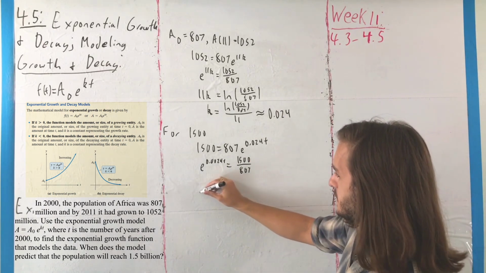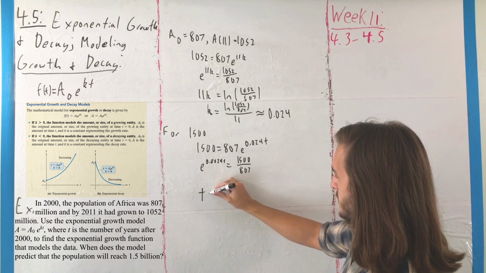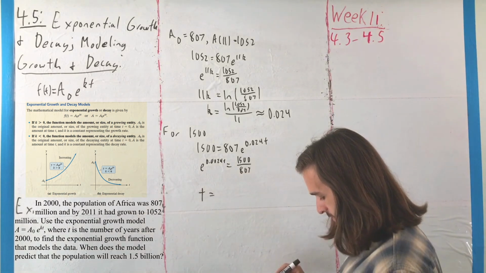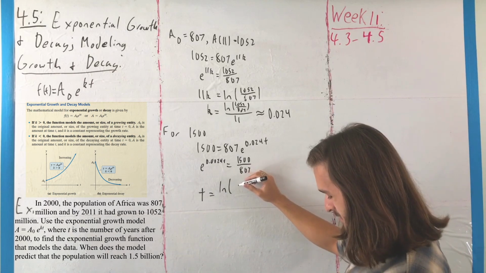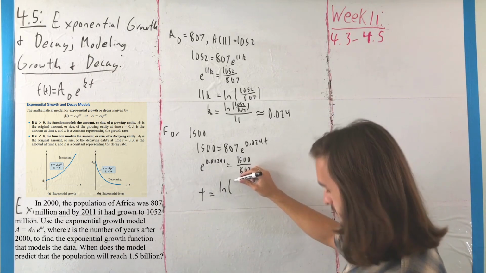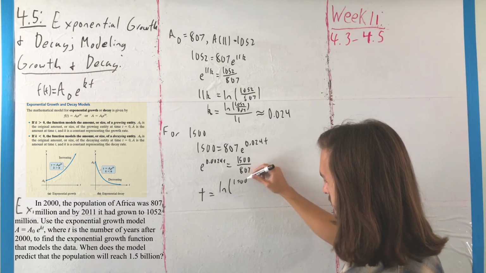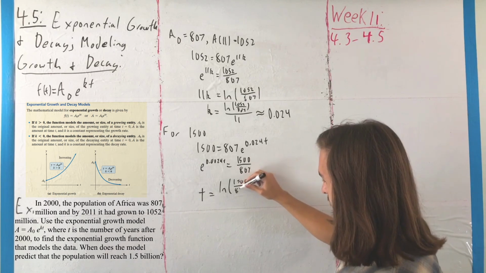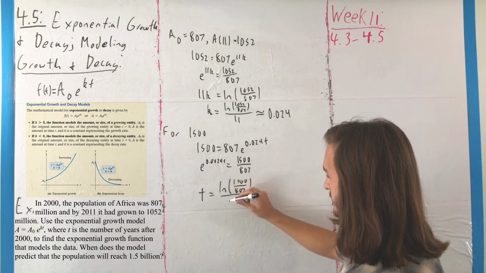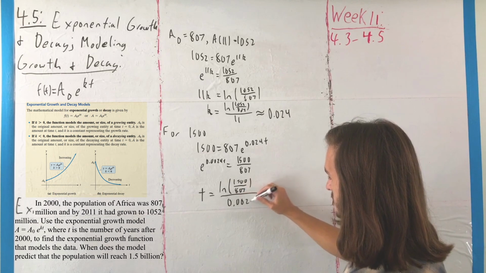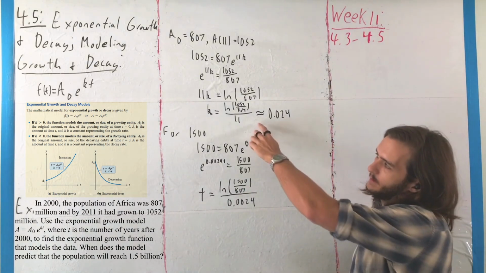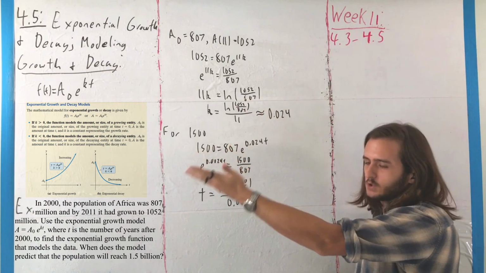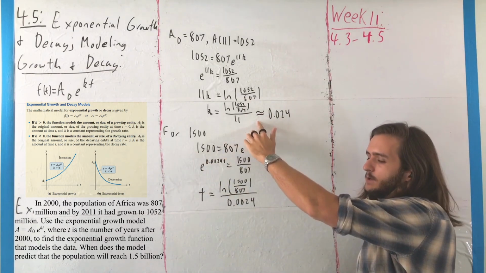So if we want to get t, we'll have the natural logarithm of 1500 over 807 divided by 0.024. I misspoke when I was talking about this one, but it's the same sort of idea. We didn't want to carry around a whole bunch of things there.